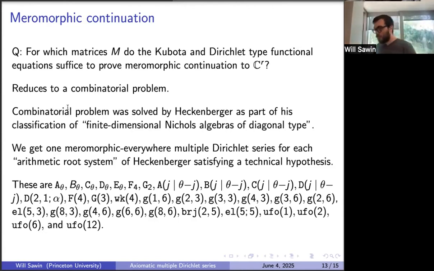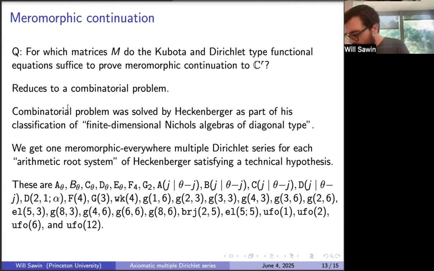And what we see is that you get a multiple Dirichlet series, which our functional equations prove is meromorphic almost everywhere, for every arithmetic root system constructed by Heckenberger, as long as it satisfies a certain technical hypothesis.